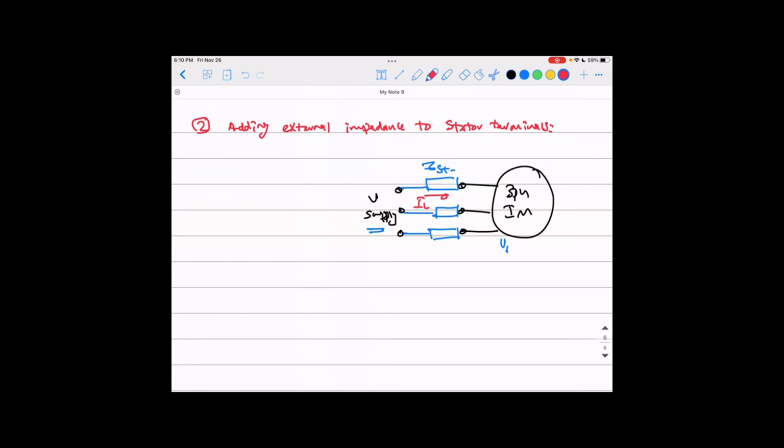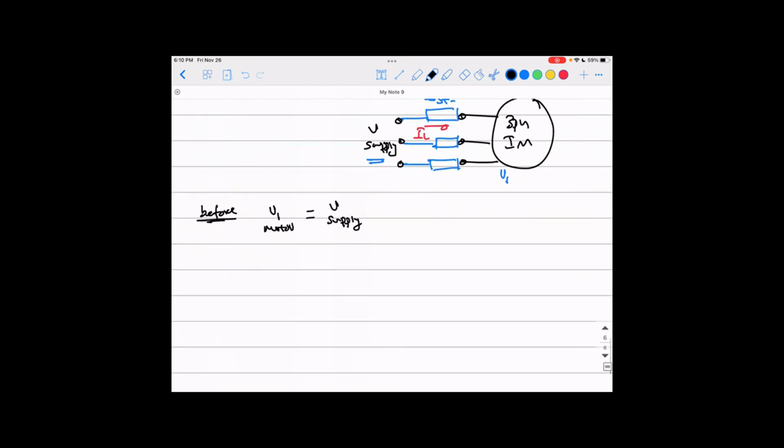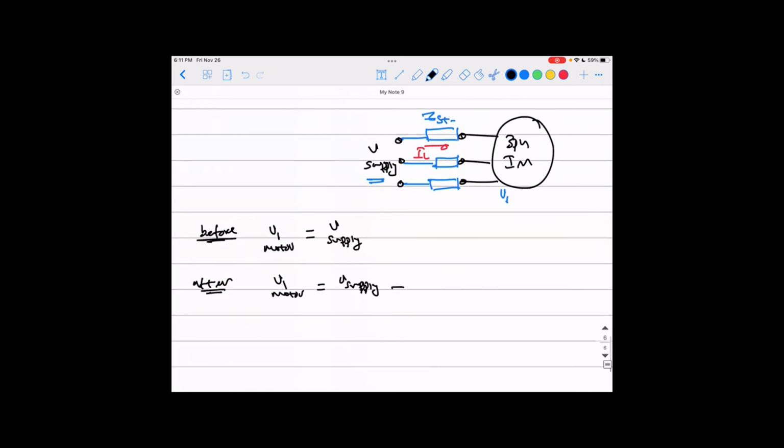If you don't connect the impedance, V1 of the motor equals directly V supply, just connected directly to the supply voltage. But after adding this impedance, V1, the motor voltage, will equal V supply minus the line current I multiplied by Z stator. That's for each phase. Okay, guys?